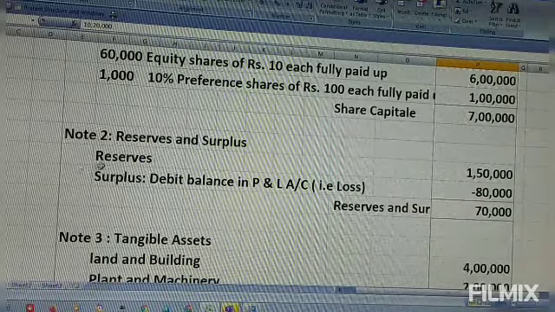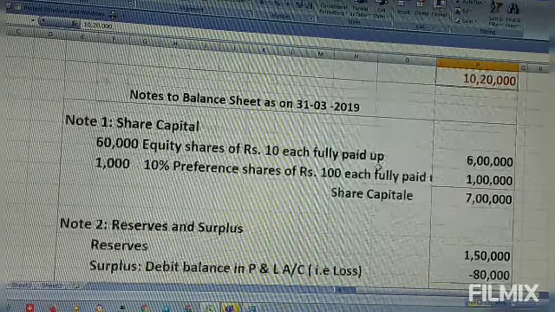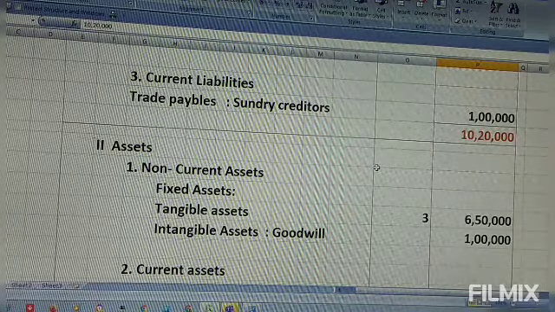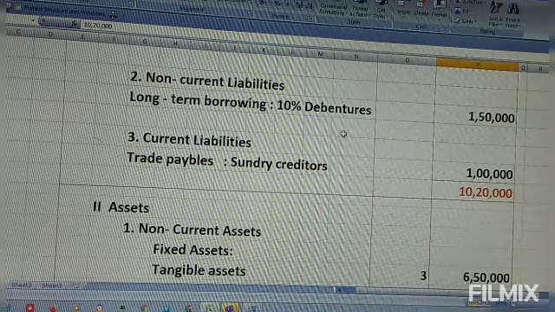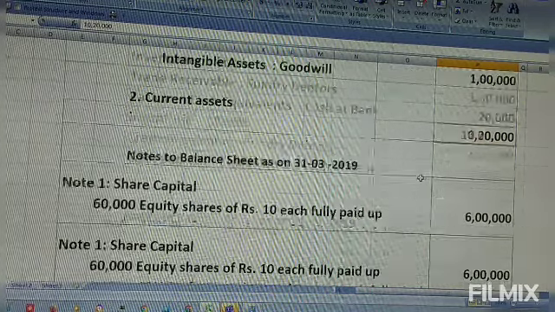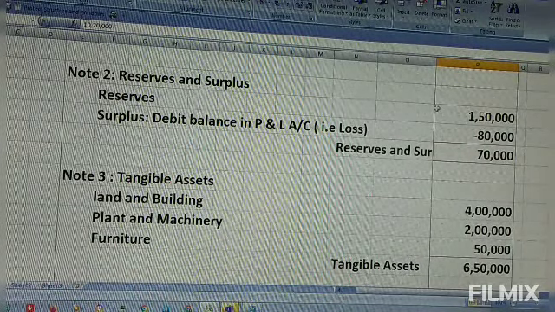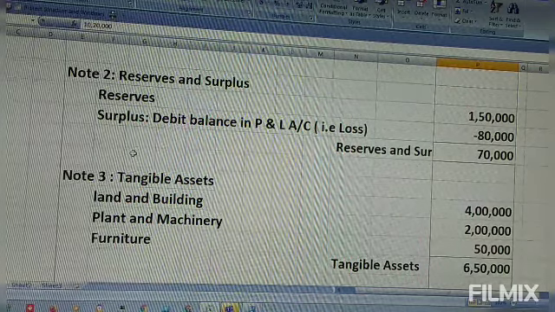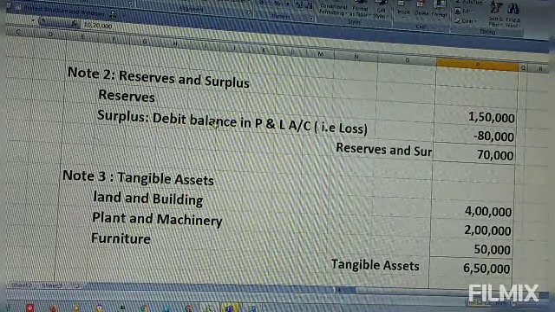Then note number 2 is for reserves and surplus. In that, the reserve given in the problem is 1,50,000, remember. But here only 70,000 is taken as reserves and surplus. How? See here, in note number 2, the reserve is 1,50,000, but there is no surplus; there is a debit balance in the profit and loss account.